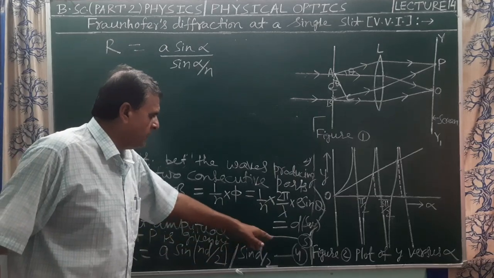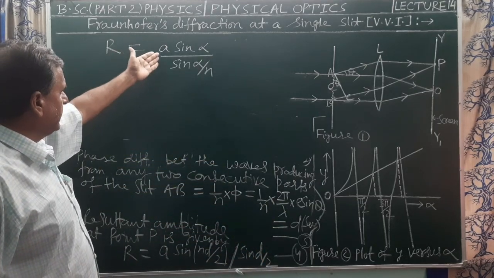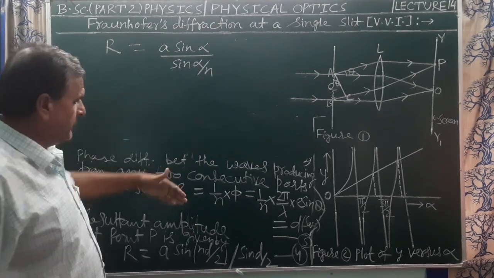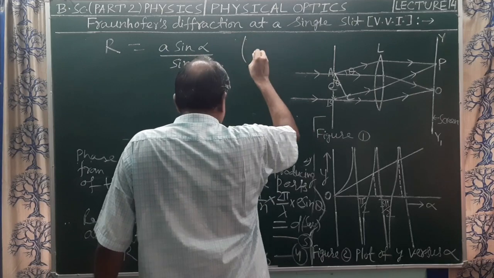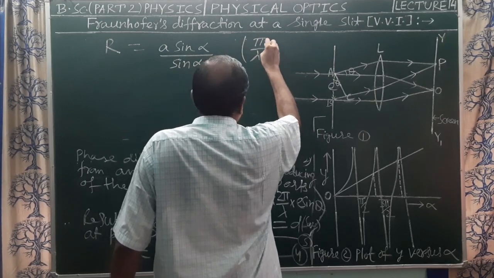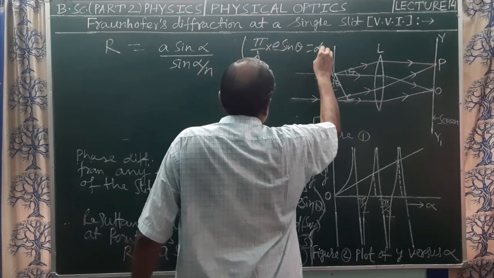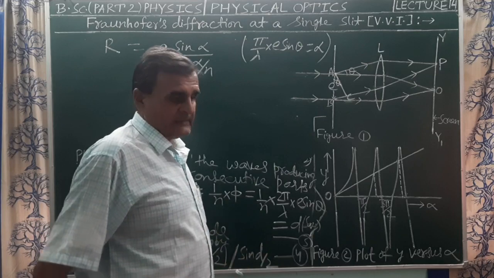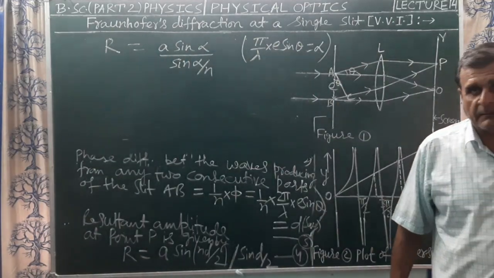So substituting the value of d from equation 3 into equation 4, we obtain capital R equals a sin alpha upon sin alpha by n, where we have taken π/λ into e sin θ equals alpha, which is the angle, that is the direction of maxima and minima.